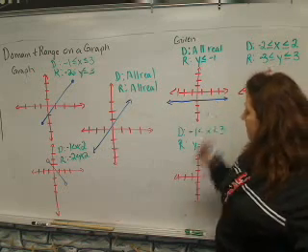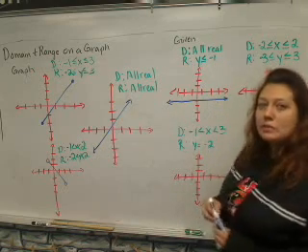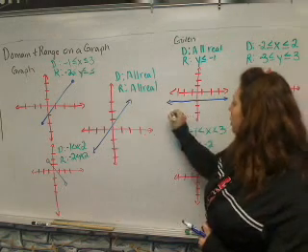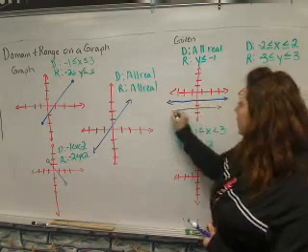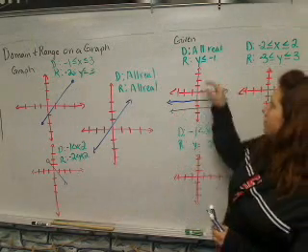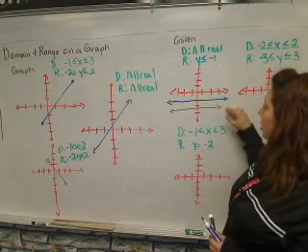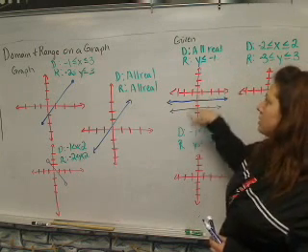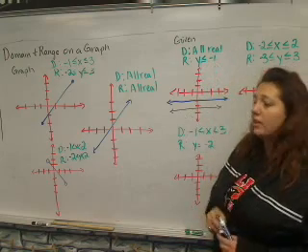Okay. Now, does that mean that there could also be a second possibility to this one? Absolutely. You could also draw this line and it work for this domain and range also. So both of these are correct answers to this, just as long as my line stays below the y point of -1.